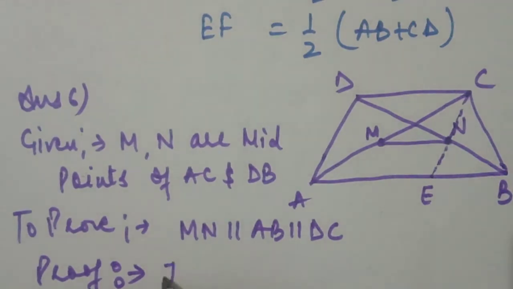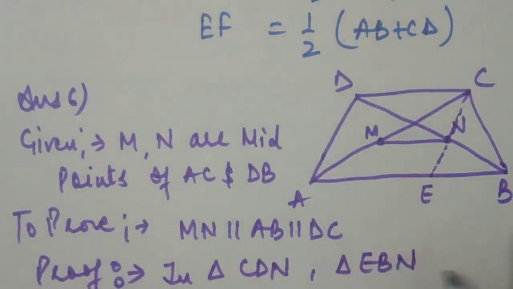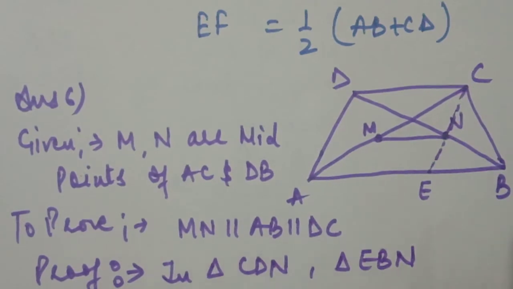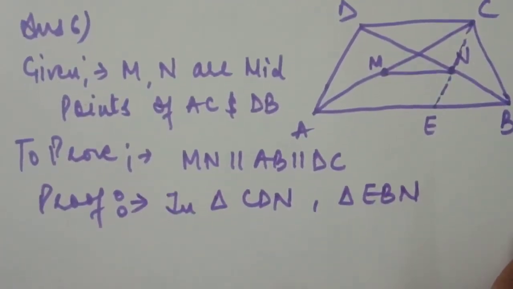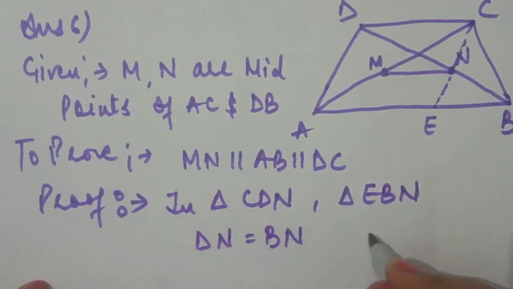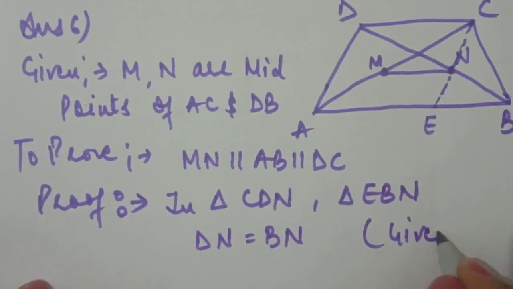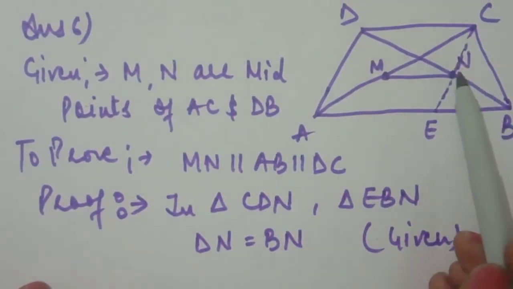Now in triangle CDN and triangle EBN, we have three elements and we are going to prove congruency. So first element is DN is equal to BN. Given, midpoint is given because N is the midpoint of DB. So DN and NB are equal to each other.